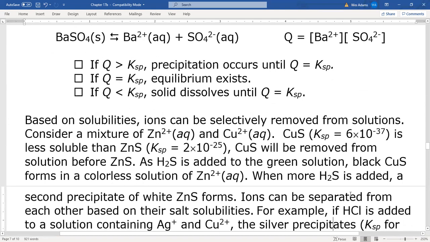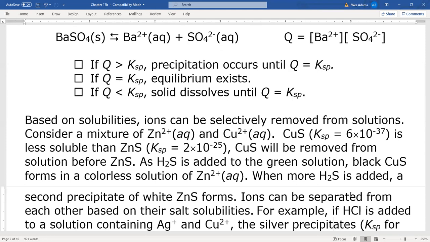If I add sulfide, say in the form of ammonium sulfide or sodium sulfide, both of those salts are insoluble, but the copper(II) sulfide, with a KSP of 6 times 10 to the negative 37th, is less soluble than zinc sulfide, which has a KSP of 2 times 10 to the negative 25th. Therefore, the cupric sulfide will preferentially precipitate.